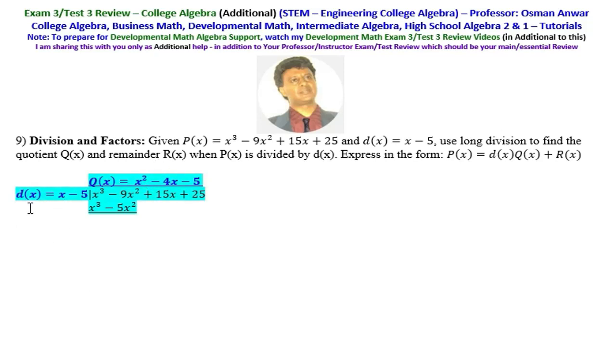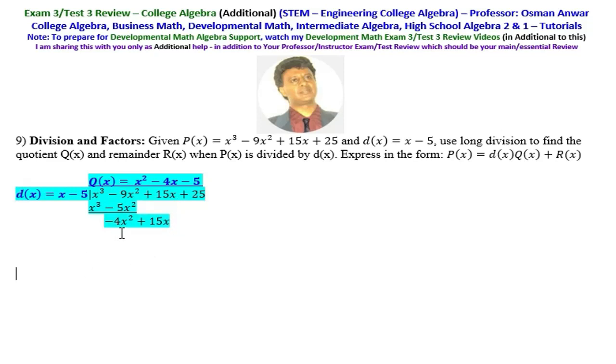X squared times x is x cubed. X squared times minus 5 is minus 5x squared. X cubed minus x cubed is 0. Minus 9x squared plus 5x squared is minus 4x squared, and bring down the 15x.